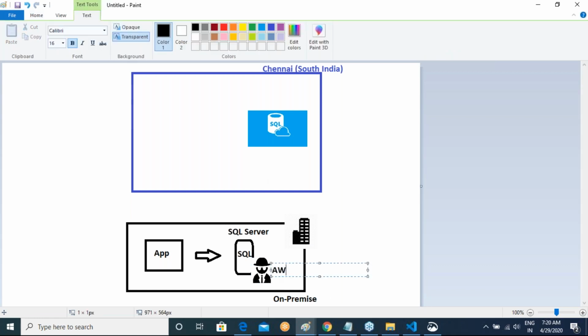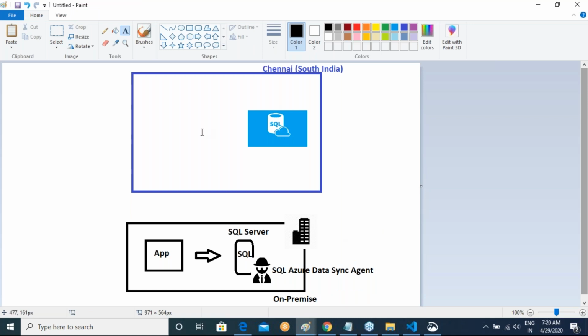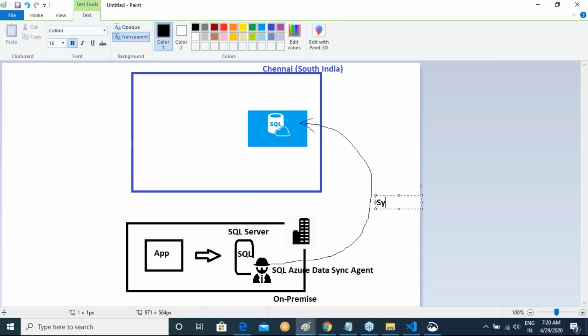What is this agent? The SQL Azure Data Sync agent, and we give it the necessary permissions. Once you do this, your data will be transferred from here to here, synchronized.